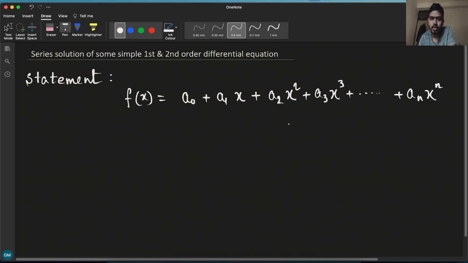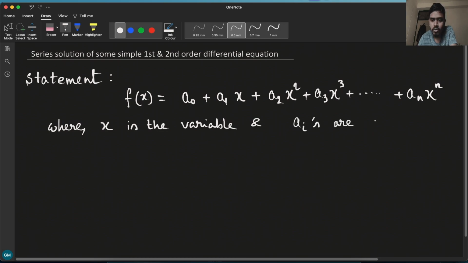So it is an nth order polynomial, where x is the variable and the ai's are constants.